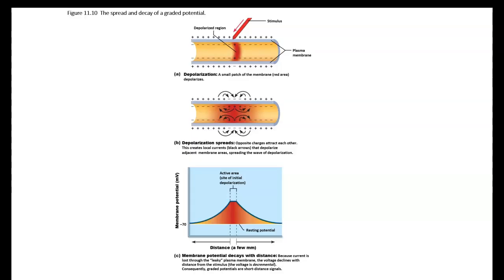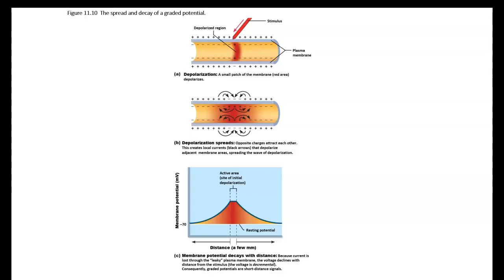Now, depolarization can spread, because opposite charges attract each other. That creates local currents, the black arrows you see there, which depolarize the adjacent membrane areas and spread the wave of depolarization down the axon. So membrane potential decays with distance.